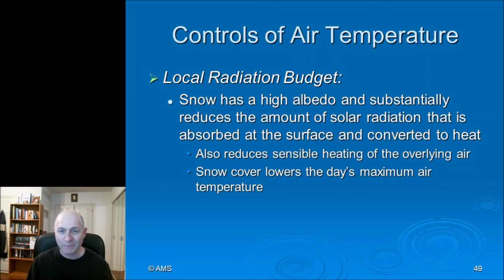The other thing to remember, though, is while snow is very reflective in solar and visible, it's actually very emissive in the infrared part of the spectrum, meaning it gives up energy very, very quickly. So when the sun goes down, it gets really cold near snowpack.